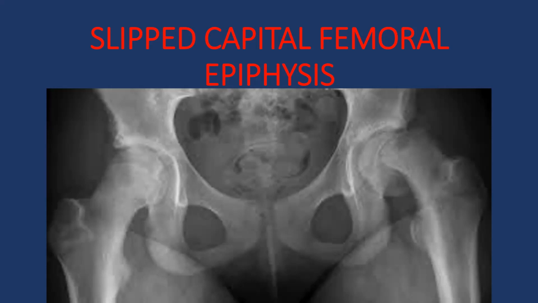If it is a high riding hip and rigid, then I will go to open reduction. But usually my age limit for closed reduction is 1.5 years. After that, I start resorting to open reduction. I don't apply traction in my cases.